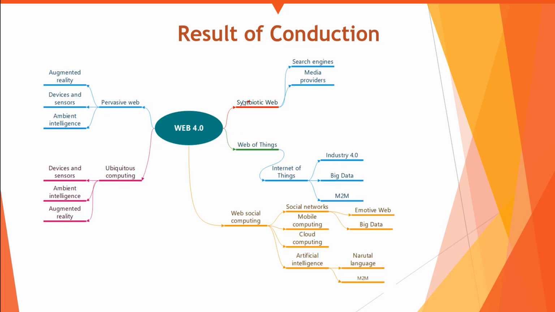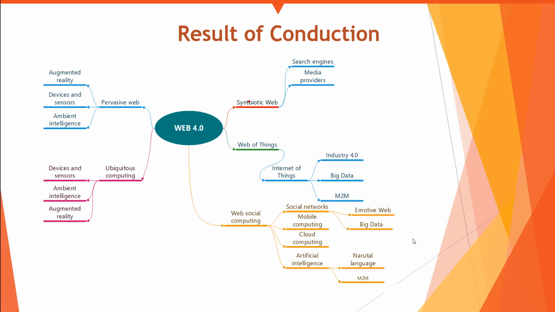So here there are 5 main things you can see in this mind map. I just wrote it based on the previous data. You can see here the symbiotic web, the web of things, the web of social computing, ubiquitous computing, and the pervasive web. And in the social web there is a wide range of information from social networks, mobile computing, cloud computing, and artificial intelligence.